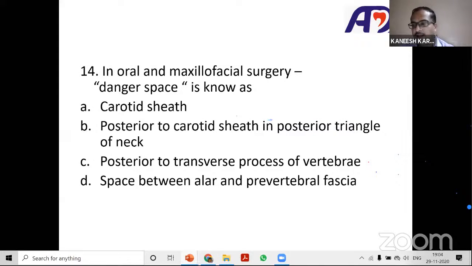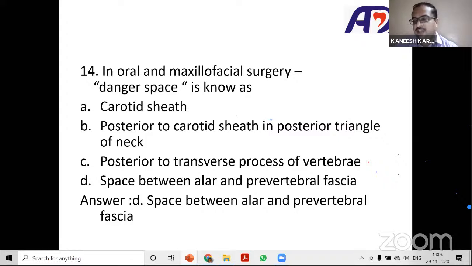What would he be thinking when he has selected this question, and how he wants us to answer, because sometimes there will be multiple answers which are correct. You have to choose the most appropriate one. The answer is space between the alar and prevertebral fascia.